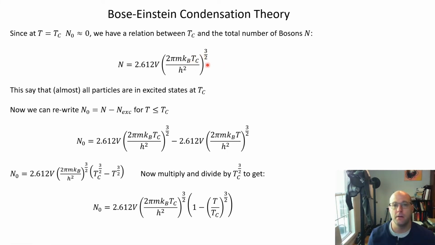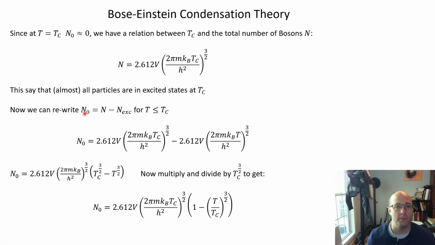Be careful about thinking what I mean here, right? I've used a specific value of temperature where I think I know something to calculate the total number of bosons in the system. And then whatever number I get by applying this whole formula with T equals T sub c is the number N at any temperature under any conditions, okay?